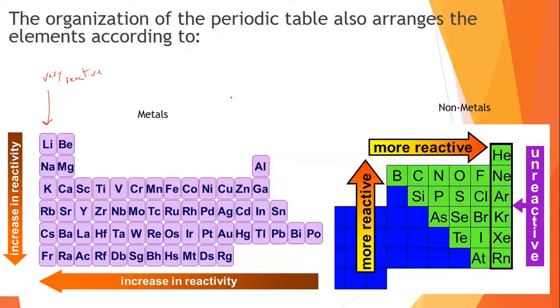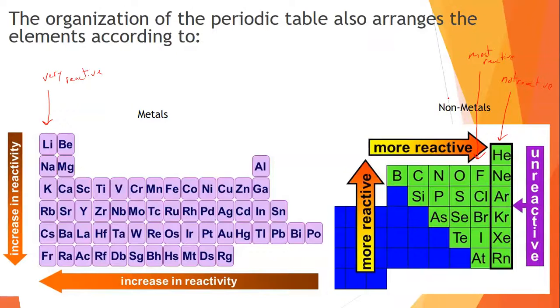And what we find is on the way on the right, the furthest right on your periodic table, these non-metals are not reactive at all. They are not reactive. And then right beside them, right here, these are the most reactive non-metals.